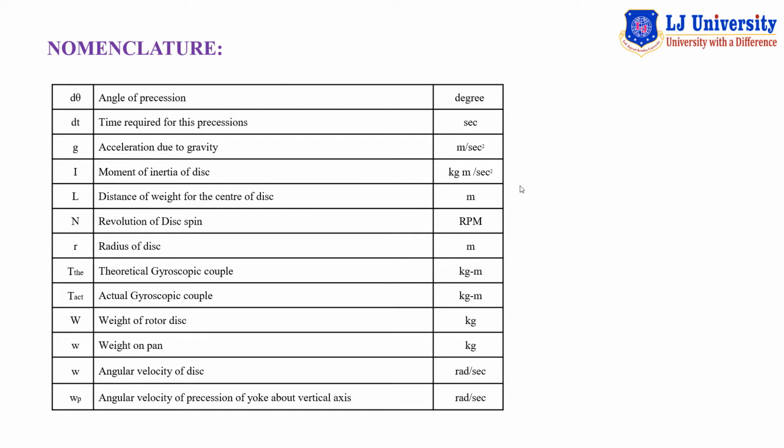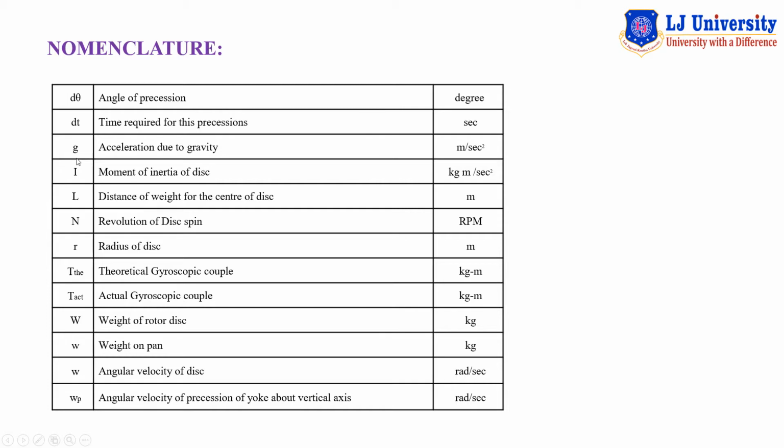Now we have to understand the experiment, the motorized gyroscope. First we have to discuss the nomenclature that we use in our experiment. d theta is the angle of precession, and we measure the angle in degrees. Second, dt is the time required for this precession. Third, g is the acceleration due to gravity.